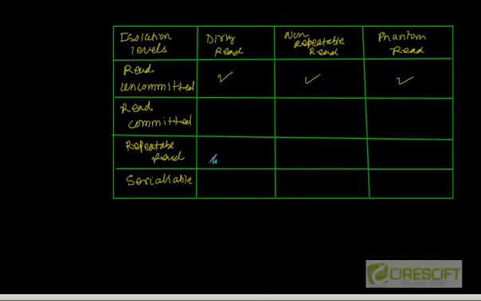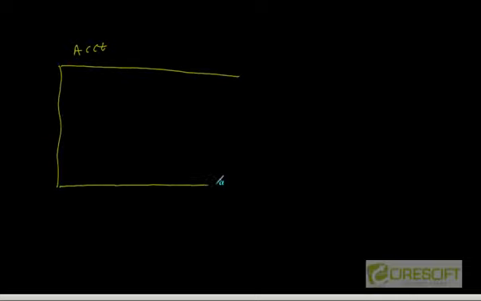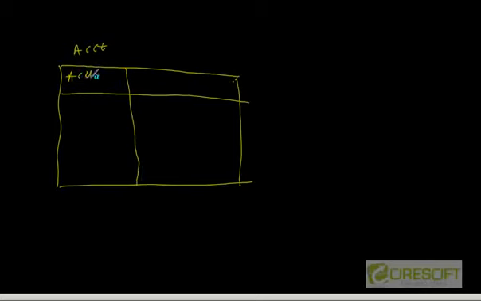So that means whenever we have a read uncommitted system, let's take an example: we have an account table. It's a big table. Let's say, for simplicity, we have only two columns. One is the account number and the other is the amount of money in that account.